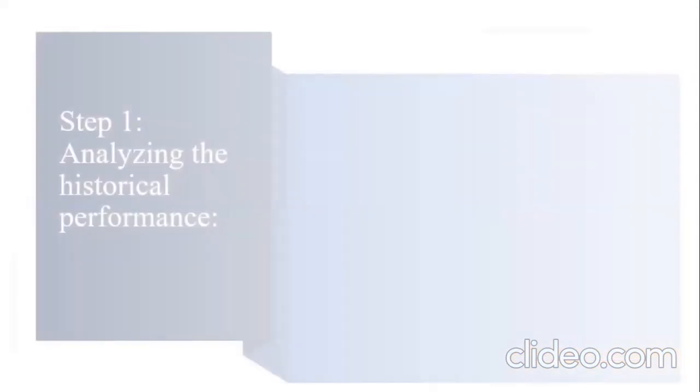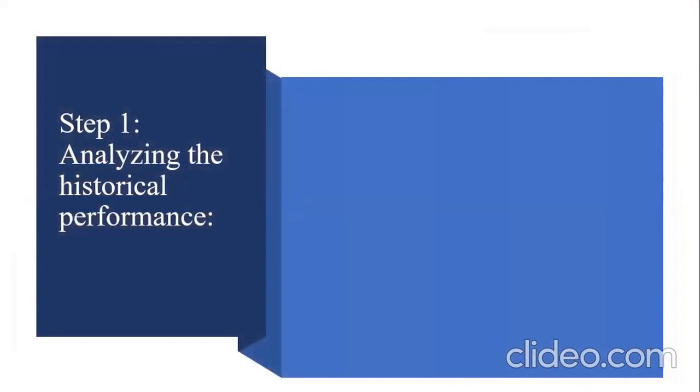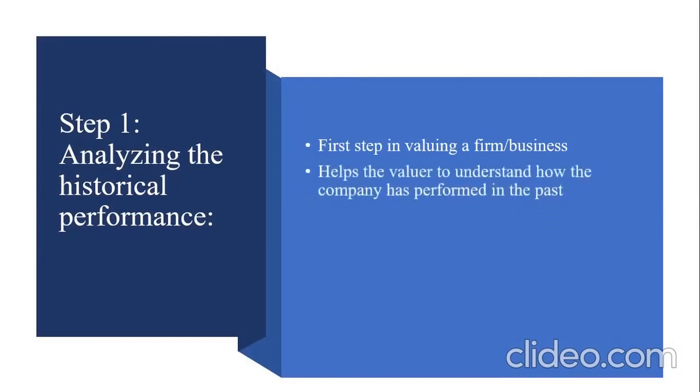Now let's get into the steps in detail. Step 1, analyzing the historical performance of a company. The first step in valuing a firm is analyzing the historical performance. Analyzing historical performance helps the valuer in understanding how the company has performed in the past.